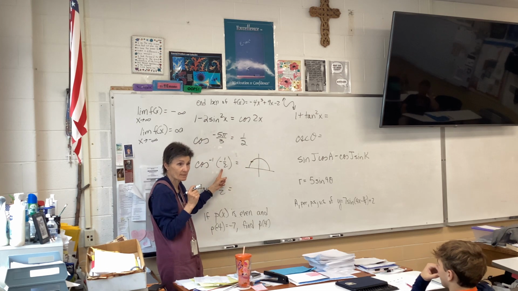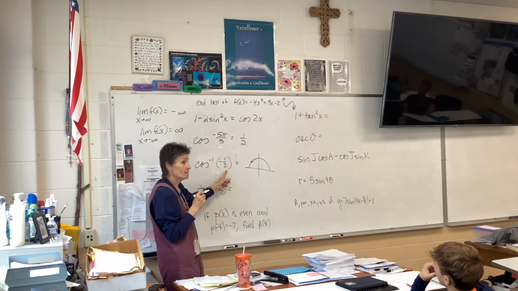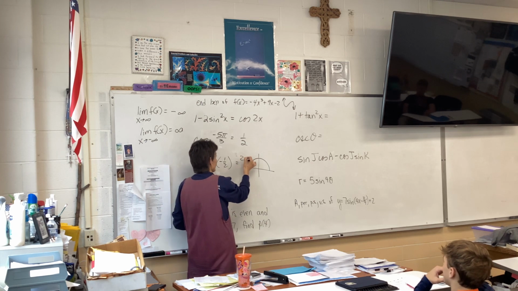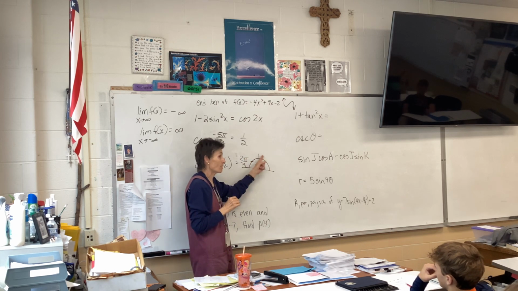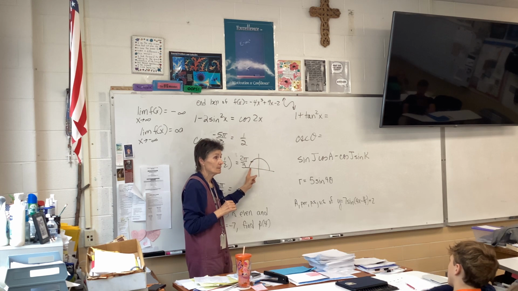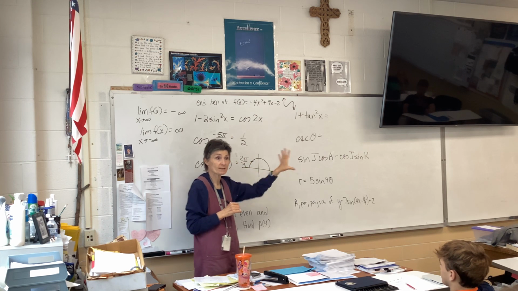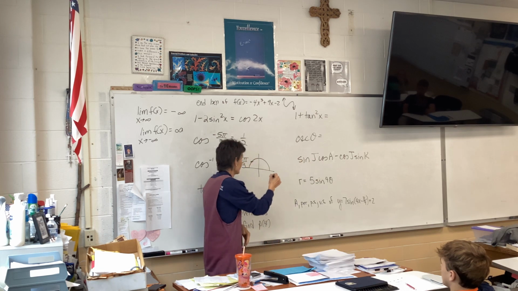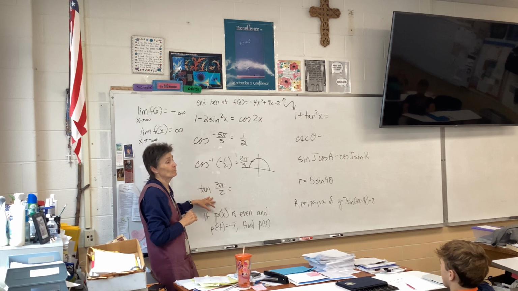That's the only choice you have. And if the cosine is negative 1/2, then it must be 2 pi over 3. So inverse cosines are the top half of the circle, and inverse sines and tangents are the right half of the circle. Tangent, 3 pi over 2.